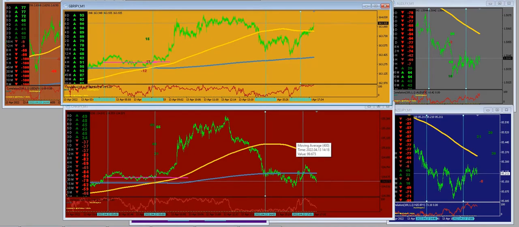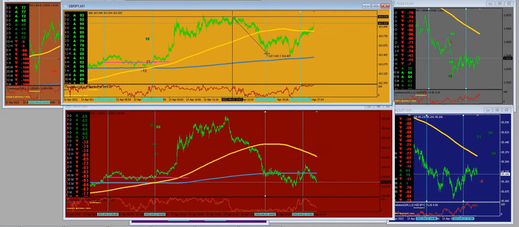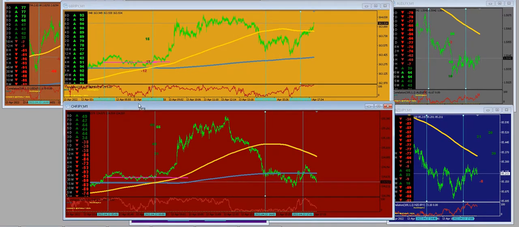Okay, it's simple. The high to the very low is 125 points. The high to the very low here is 209 points. So there to there, there to there.